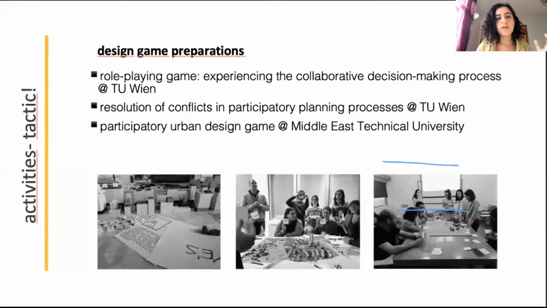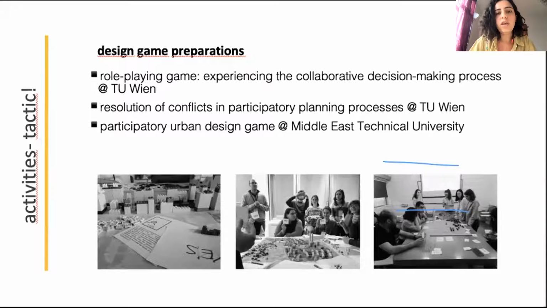And then with all of this data that we harmonized, we started to prepare our design game. But it's a really hard process because you have to balance the power relations in the community and within the actors, and you have to solve the possible conflicts that happen, and you have to know how to negotiate.